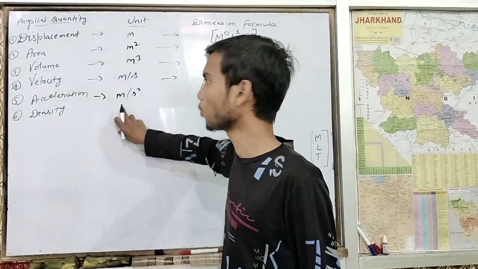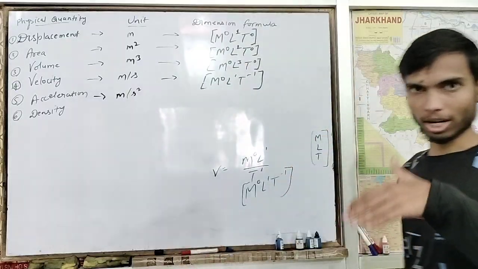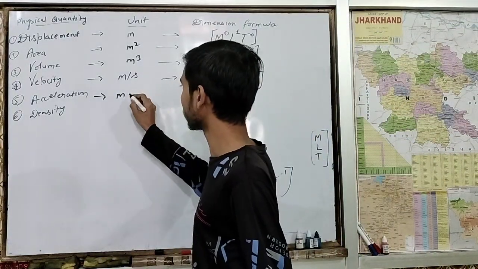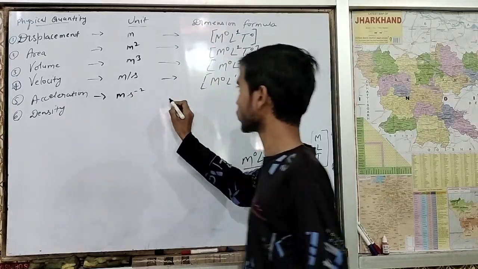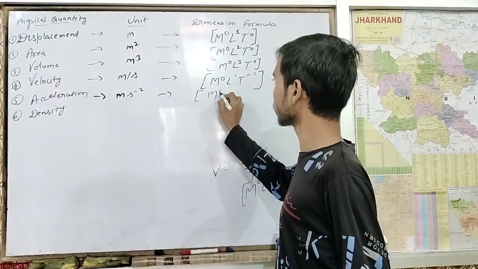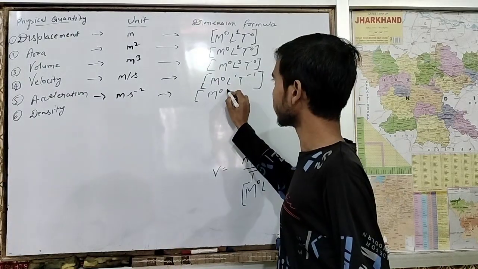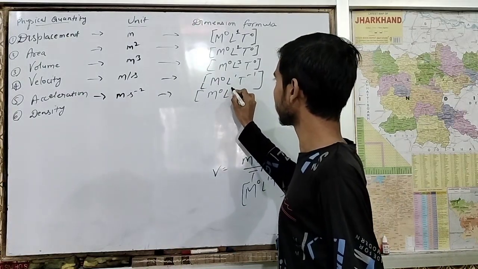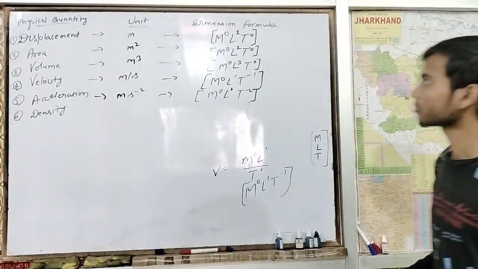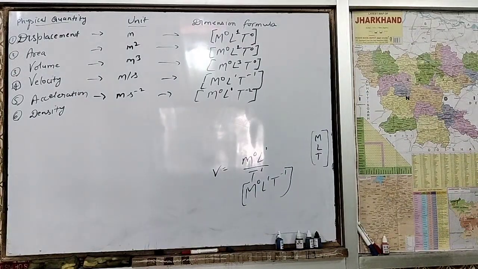But when you remove this divide, then this will come -2. And here you are saying that M is 0 and L is 1 and here T is -2. That is what you are saying. M0, L1, T -2.